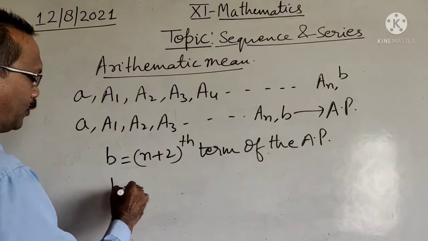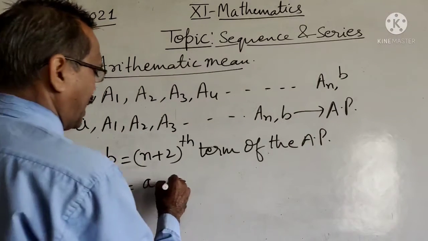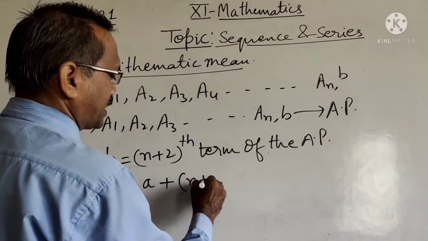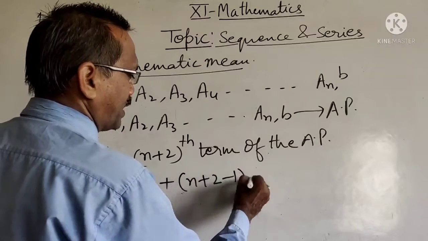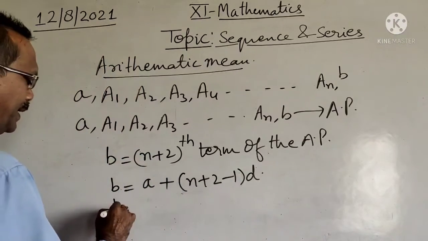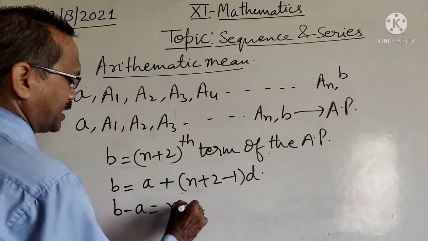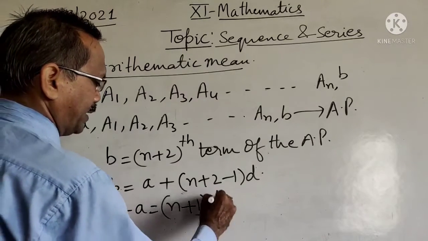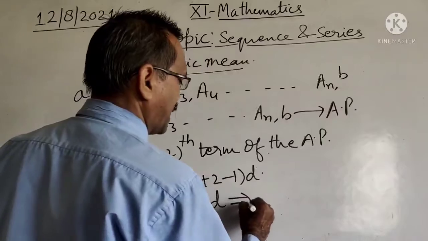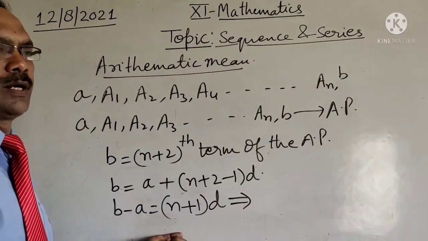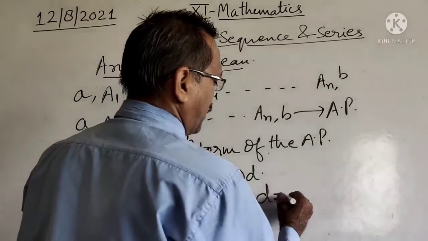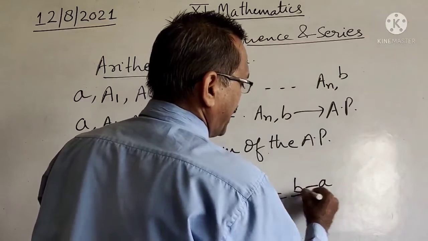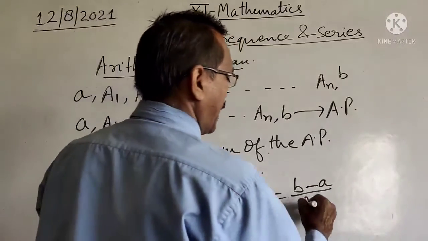Therefore, B equal to first term A plus (n plus 2 minus 1) into D. And B minus A is (n plus 1) into D. From this, we will get the value of common difference D. D equal to (B minus A) upon (n plus 1).